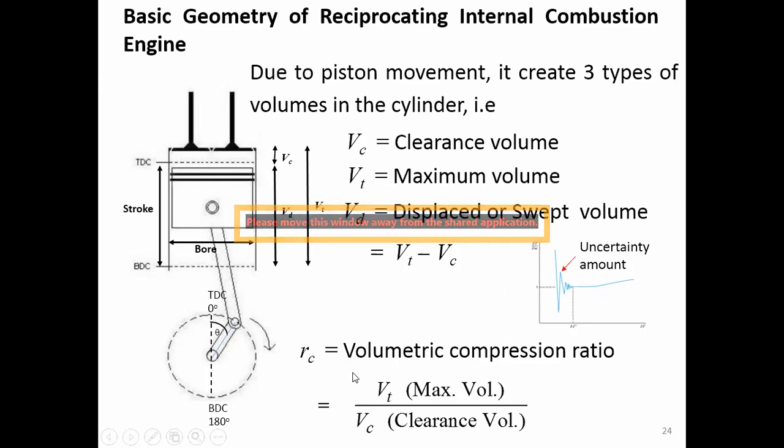Okay. Then another parameter is the volumetric compression ratio. The volumetric compression ratio is the ratio between what? The maximum volume divided by the clearance volume. This term is always confusing for students that pay no attention, because it is called the volumetric compression ratio.